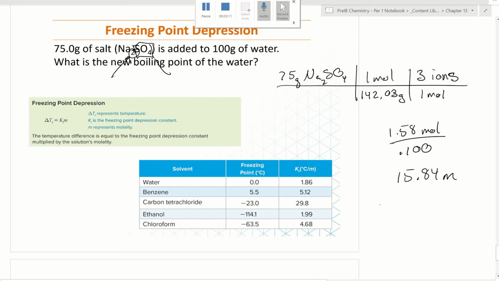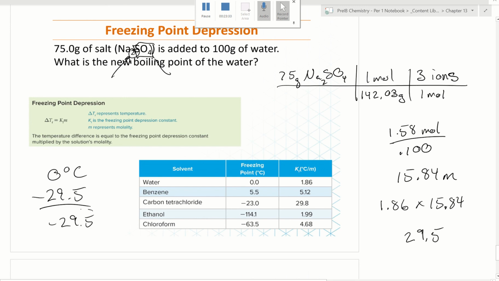And so we're going to do the same thing: 1.86 times 15.84, and I get 29.46, so we'll say 29.5. This is in water, so 0 degrees Celsius minus 29.5 is negative 29.5 degrees Celsius. So that's my answer for that one.